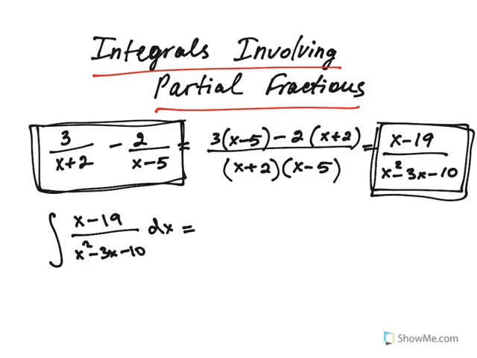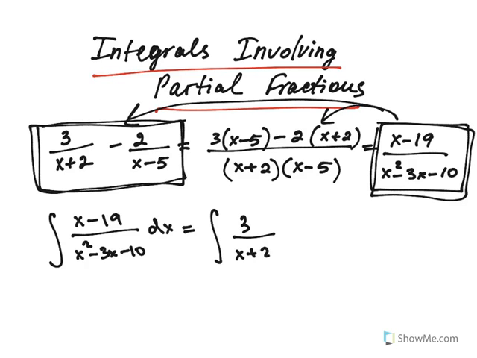So you can actually express it as the difference of two fractions and rewrite your integral as the integral of 3 over x plus 2 minus 2 over x minus 5 dx, which is really easy to integrate. Pull out the 3. Now, what's the integral of 1 over x plus 2? It's the natural logarithm, ln.